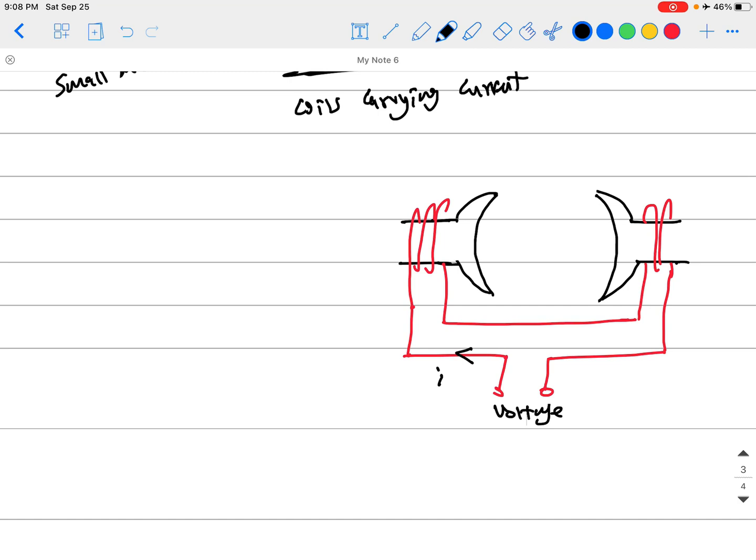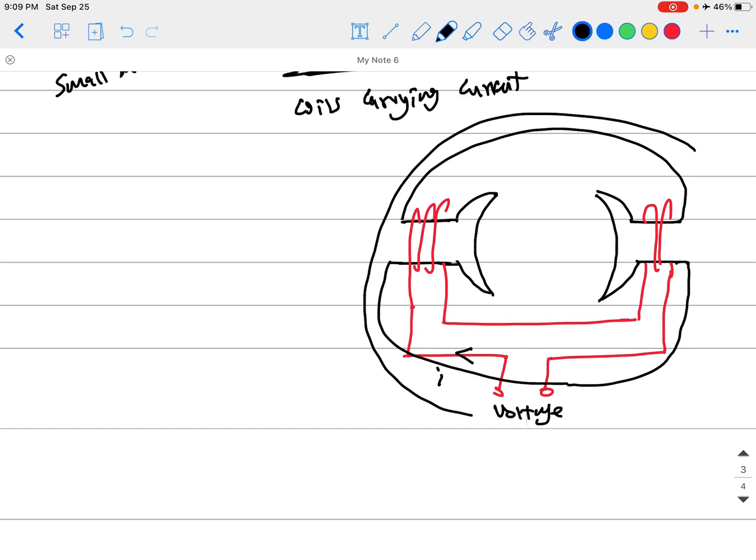Okay, but we don't leave it like this. We complete this to create a cylinder like this. Don't mind my bad circles, sorry, but you get the point. So these are the iron or steel core. Why? Because it increases the flux density.